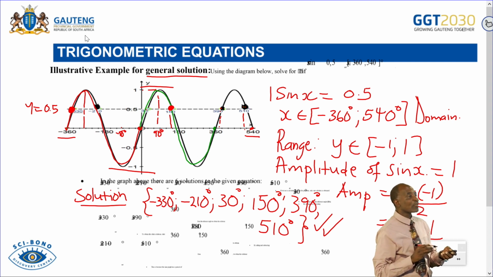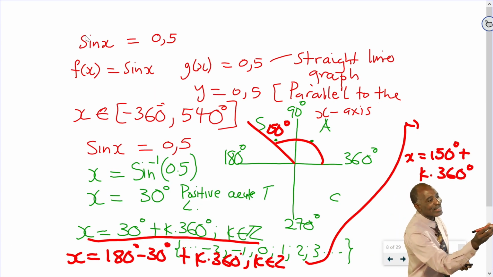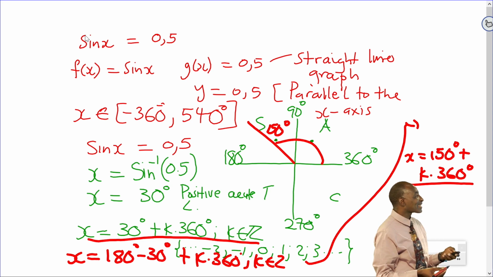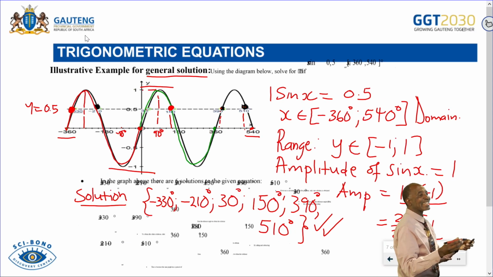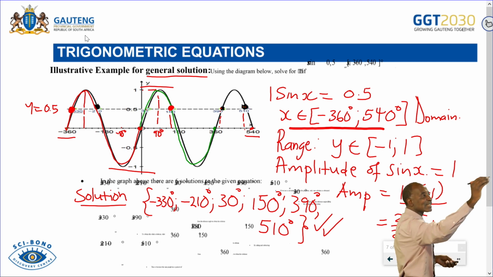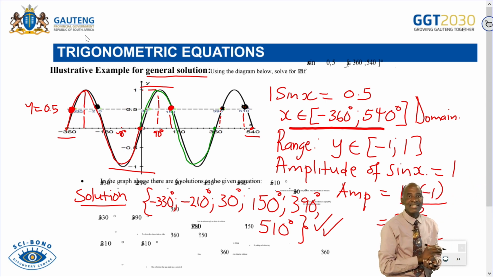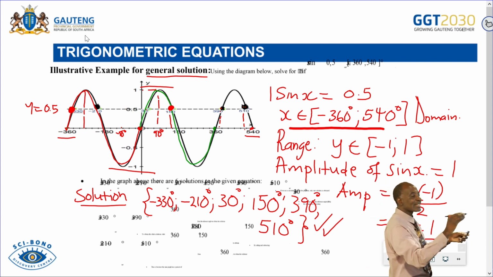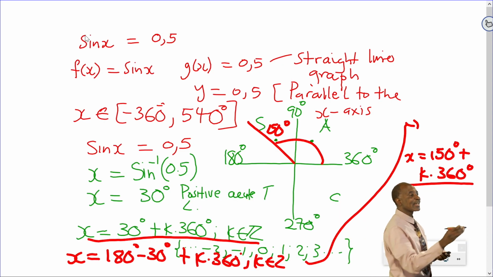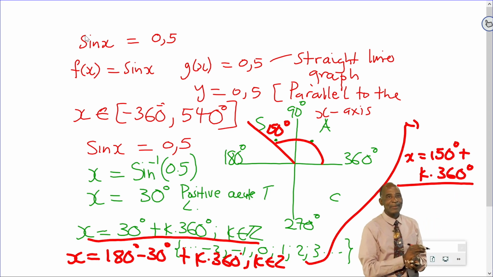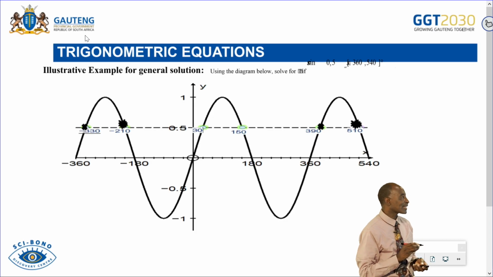So the answers that we have obtained here are called general solution, because they don't give specific values. Otherwise, if I want specific values, I need to have an interval of operation. And in this case, my interval was negative 360 to 540 degrees. So I will then have to substitute for the K values to get the angles that fall within that interval. Okay, you will see as we proceed.